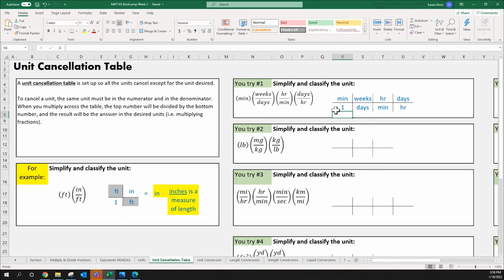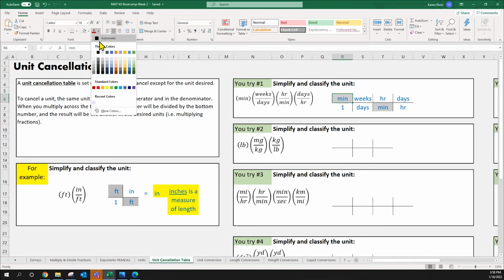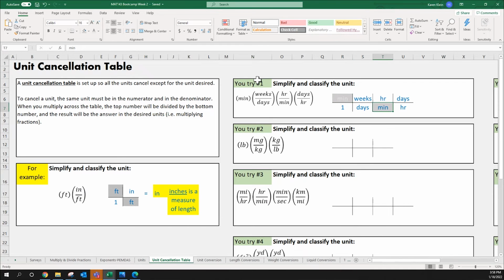Multiplying straight across for my numerator, multiplying straight across for my denominator. But before I move forward, I want to see what things match up. Well, first of all, I see we have minute and minute. So both of those are going to get marked out. If you want, I'm just going to gray mine out for that.